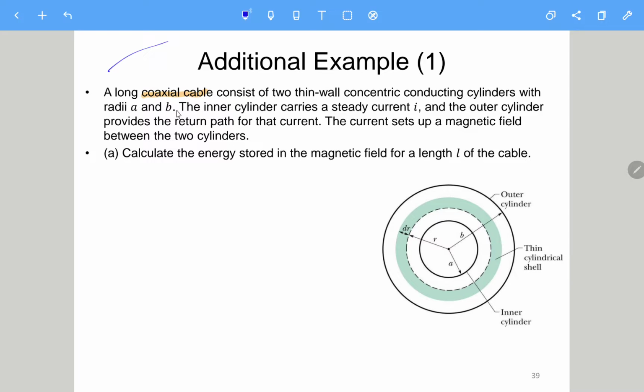Okay, so here we would like to use Ampere's law, mu 0 I. So we need to calculate the energy stored in the magnetic field. First we need to calculate the magnetic field generated by this cable.